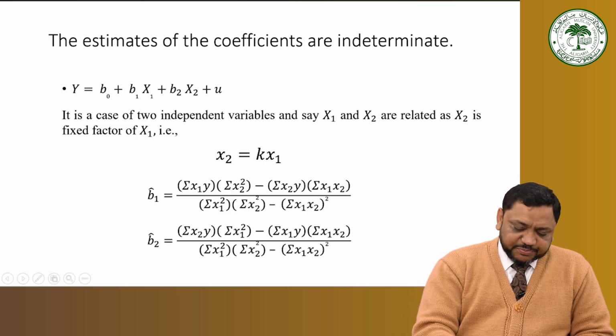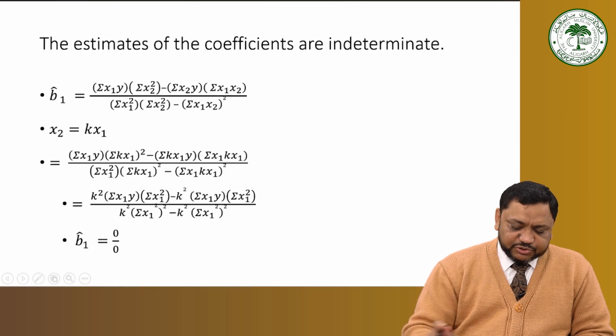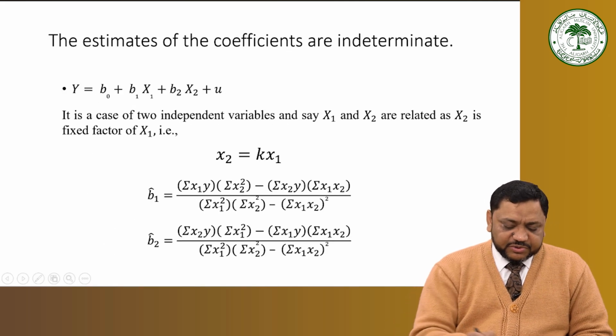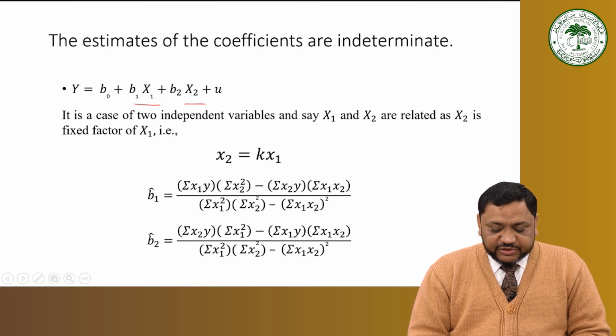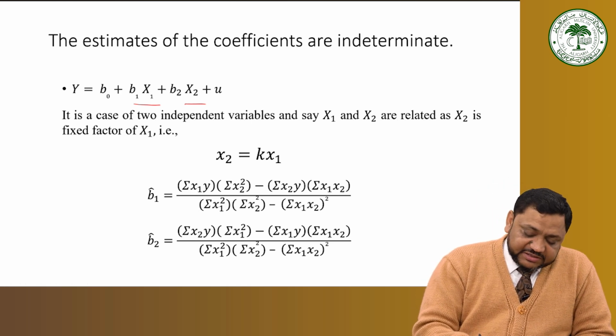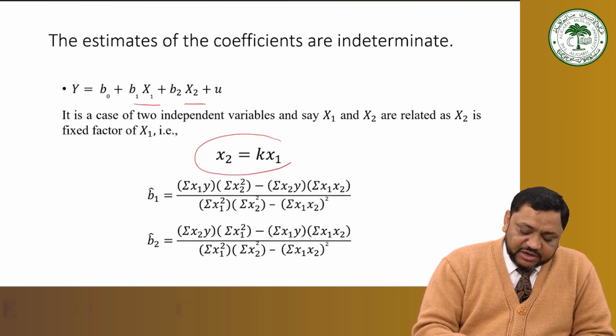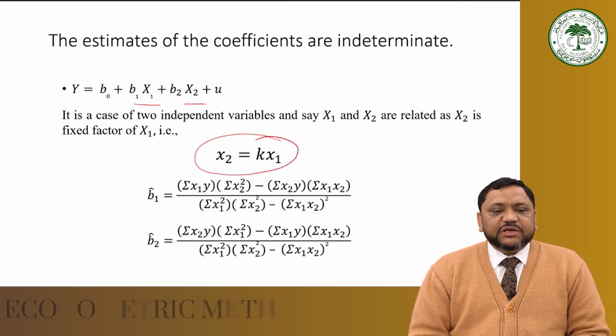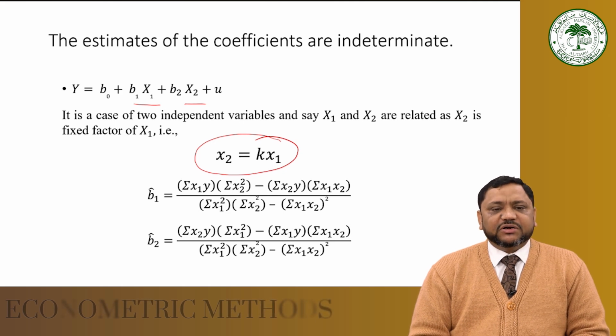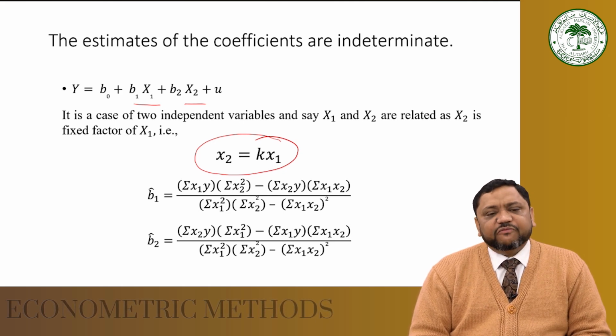Take a simple model with two independent variables, x1 and x2. We assume that there is a linear relationship of this form, that is, x2 is a certain factor k of x1.